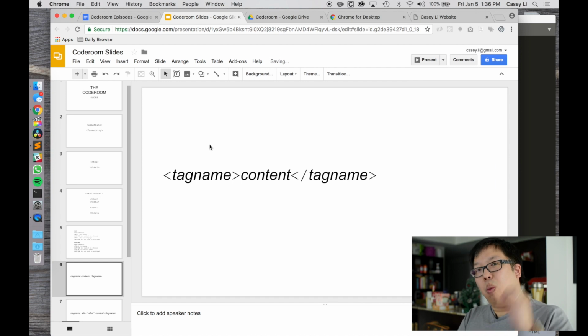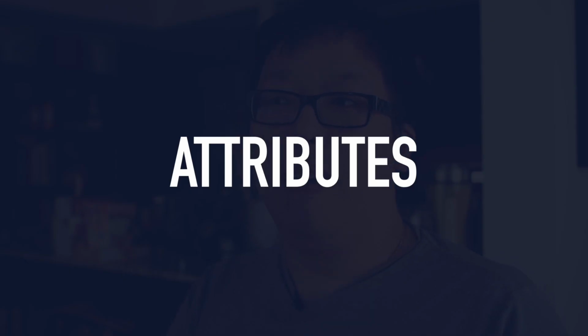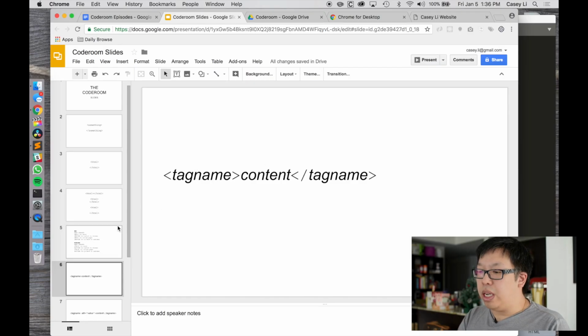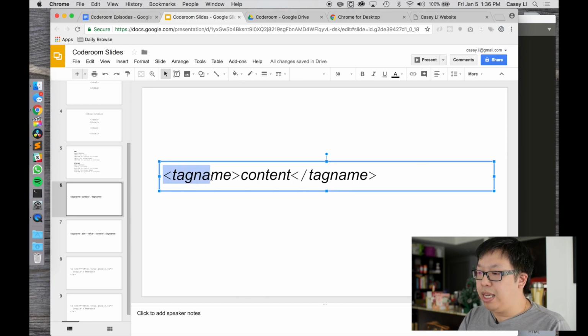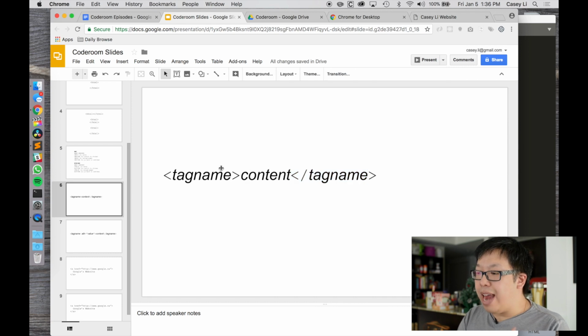Now, I'm going to add one extra piece to tags that we haven't learned about yet, and that's called attributes. Attributes can be added to tags and give them certain behavior. Knowing what those attributes are really depends on the type of tag. So how do we put attributes on a tag? All we do is add them to the opening tag. Here we have the opening tag, the content, and the closing tag. How do you add an attribute?